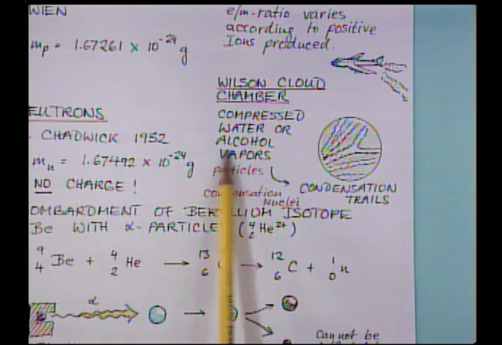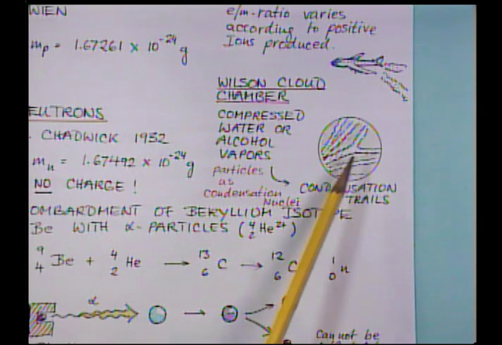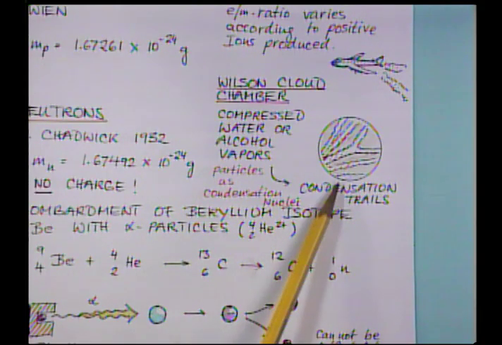So when you think of the path of neutrons as a condensation trail, when alcohol molecules or water molecules in a supersaturated chamber will start collecting around these particles, then you can make them visible. And that is the case that was in our experiment here.